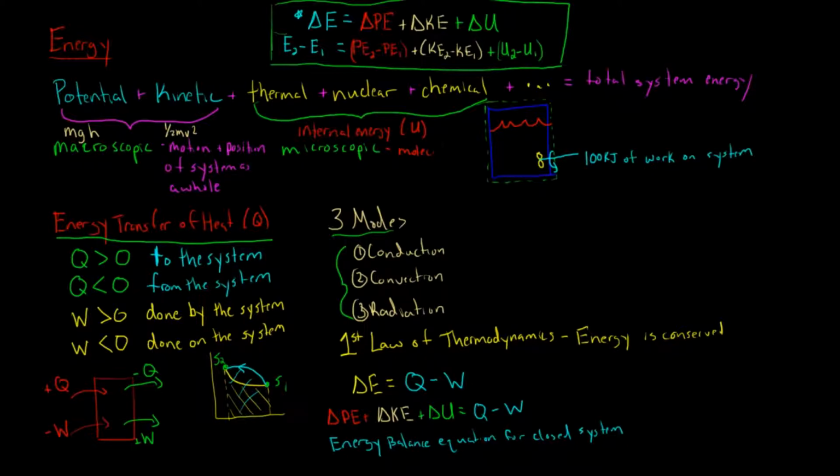The system is going to be losing 500 kilojoules of heat. And we're going to be given that our starting internal energy is equal to 800 kilojoules. And we want to know what our ending internal energy is. So to find this, we're going to use the first law, our energy balance equation.